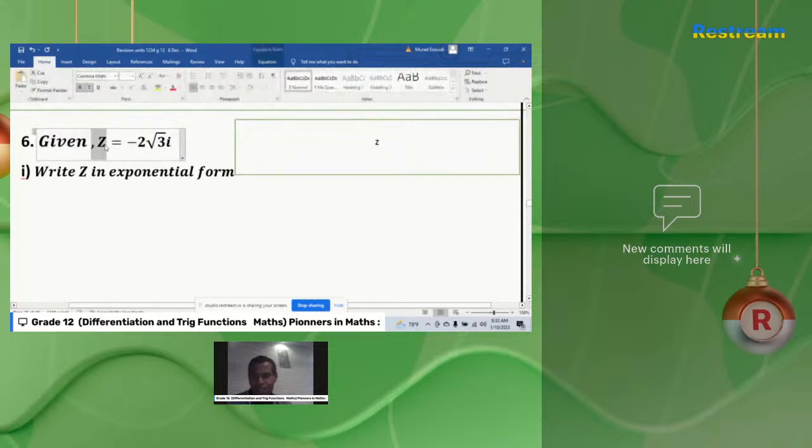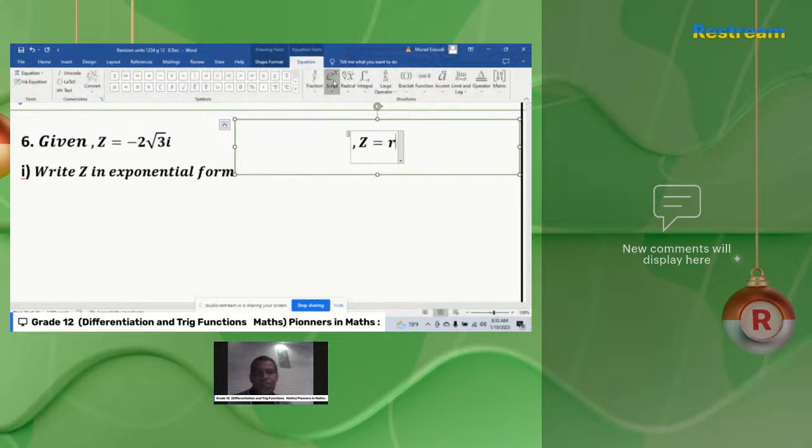Now, learners, you should know that if z is equal to r exponential i theta, where theta is the argument of z, and r is the modulus.